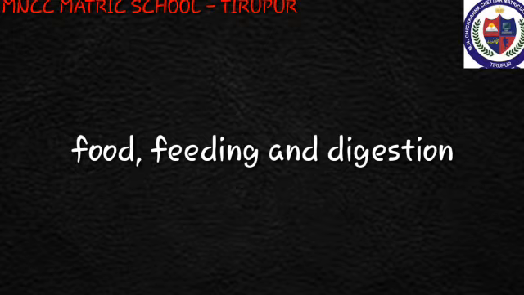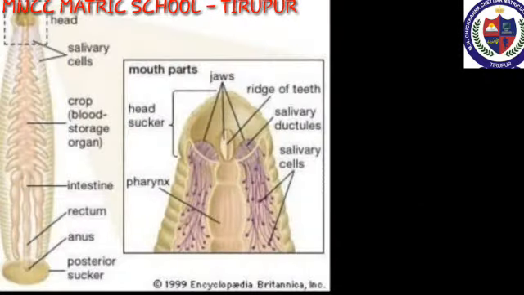Food, feeding and digestion. During feeding, the leech attaches itself by the posterior sucker. The leech makes a triradiate or Y-shaped incision in the skin of the host. Incision, cutting. The blood is sucked by muscular pharynx and the salivary secretion is poured.